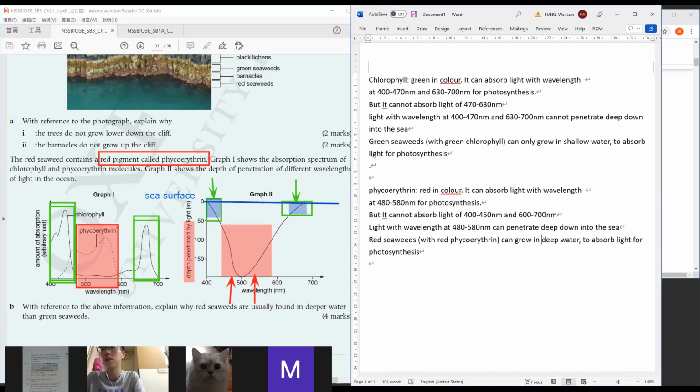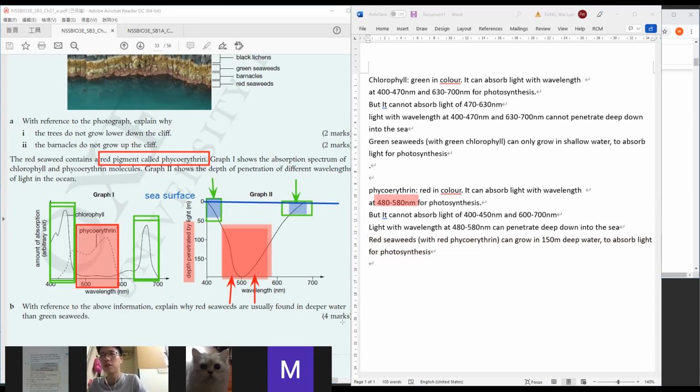How deep is that? Maybe 150 meters or even 200 meters. They can grow in deep water to absorb light for photosynthesis, because the type of light that they receive is in this range. So that's the reason why they can grow deep down into the water.